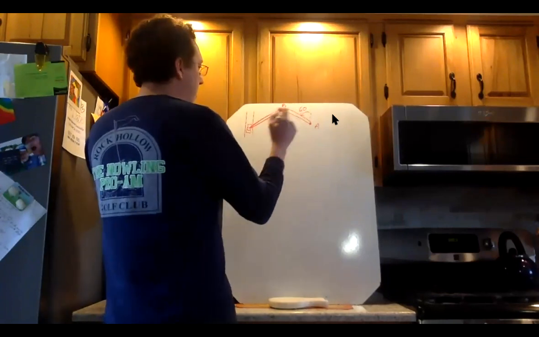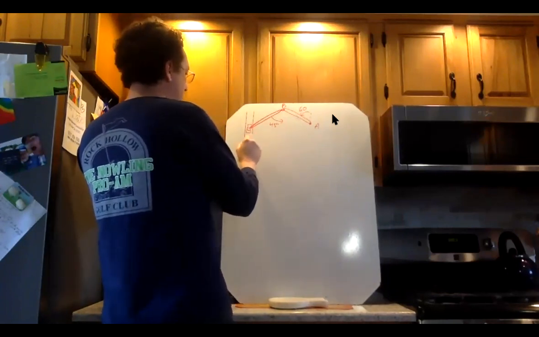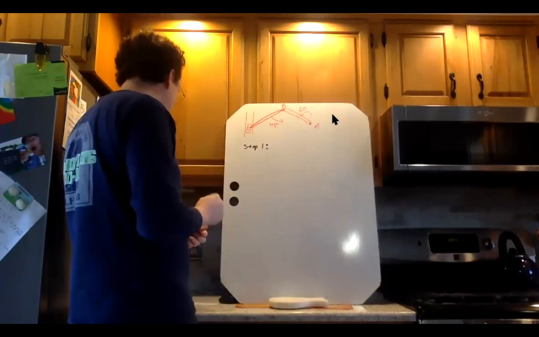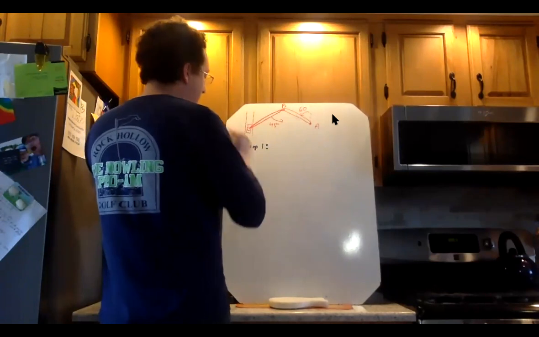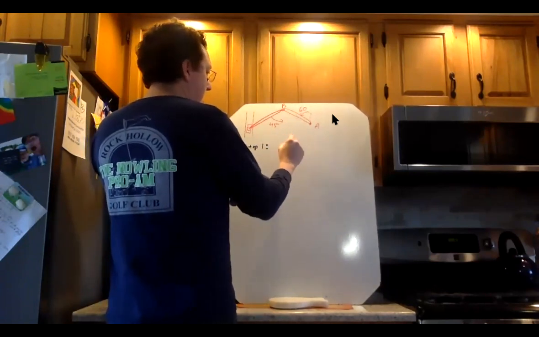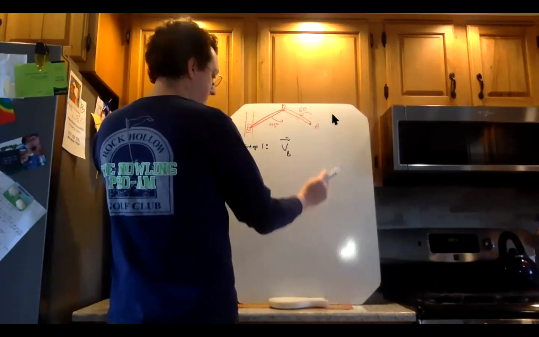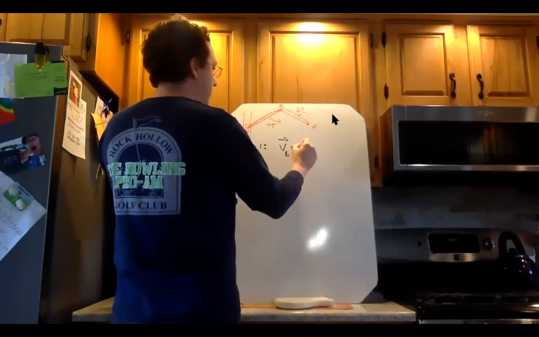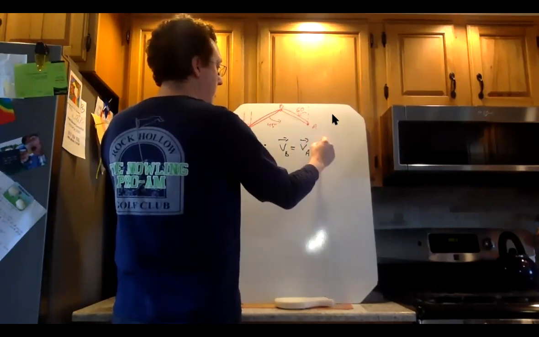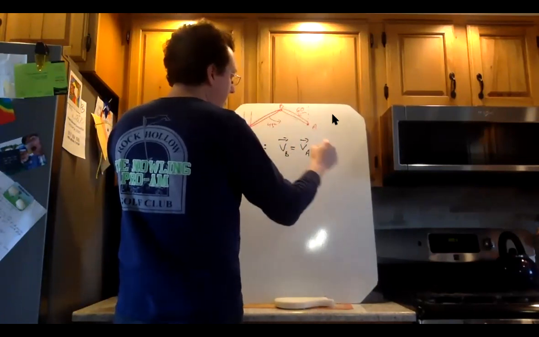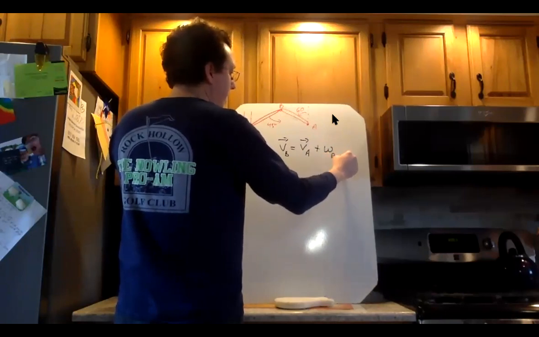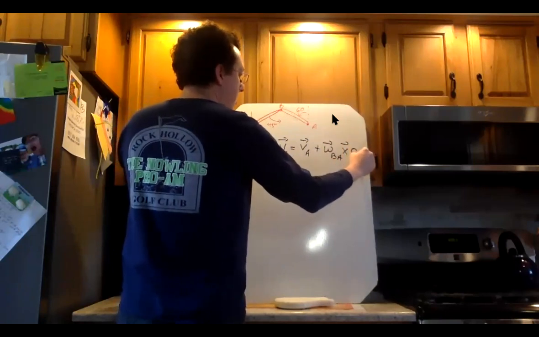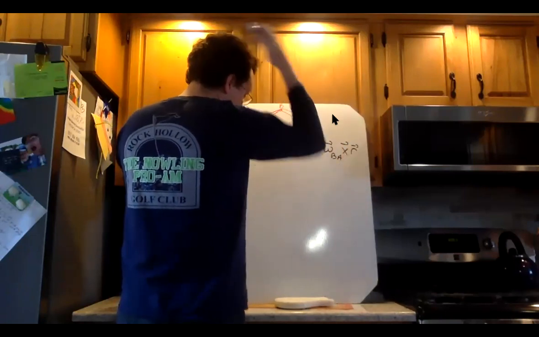So step one, and again, you could have jumped the step if you saw where everything fit together: the velocity of B is the velocity of A plus omega of B relative to A cross R BA.